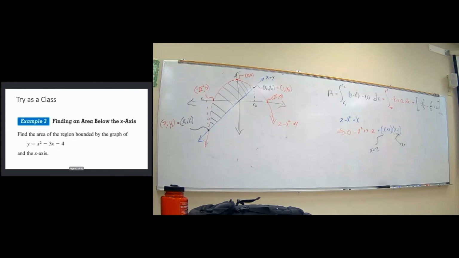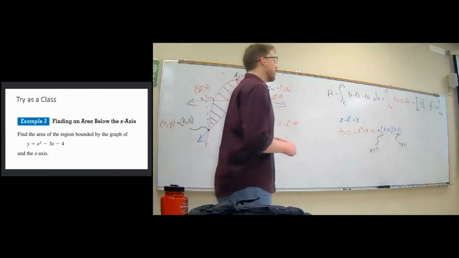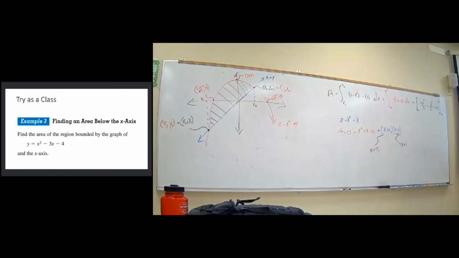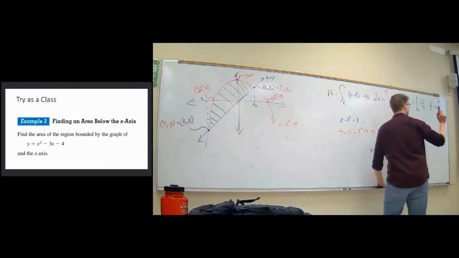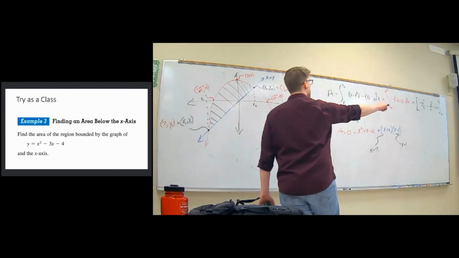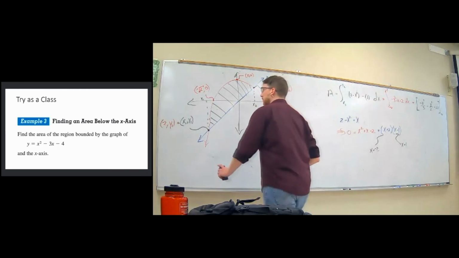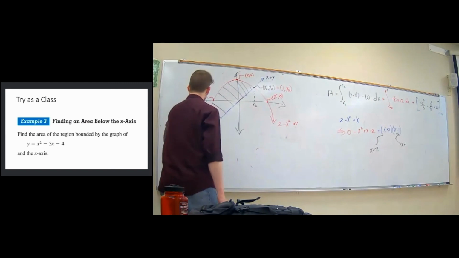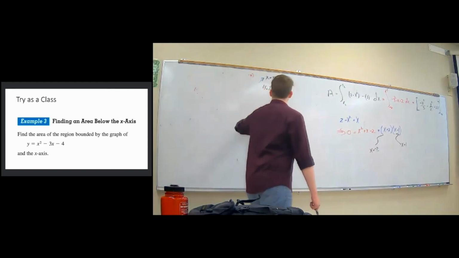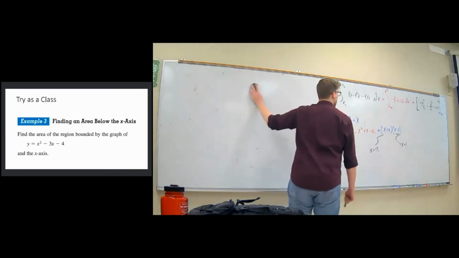So some of these problems do take a little bit more finagling. For example, this one. We want the region of this parabola bounded by the x-axis. We want the area bounded there. So what is that going to look like?